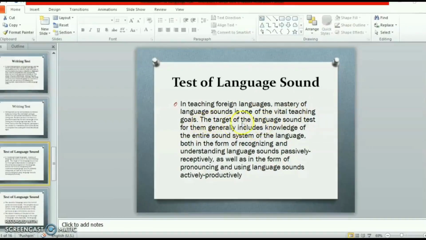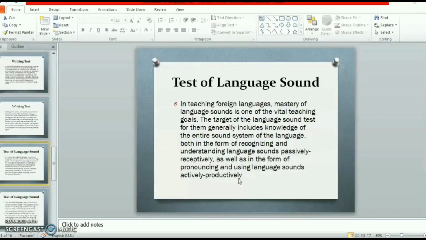The target of the language sound test generally includes knowledge of the entire sound system of the language, both in the form of recognizing and understanding language sounds passively, receptively, as well as in the form of pronouncing and using language sounds actively, productively. It means that the test of the language sound component here is integrated in the listening test.